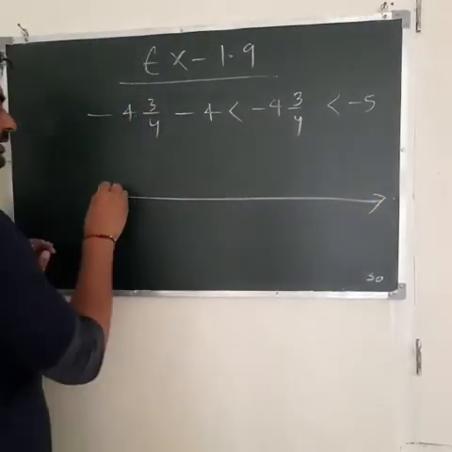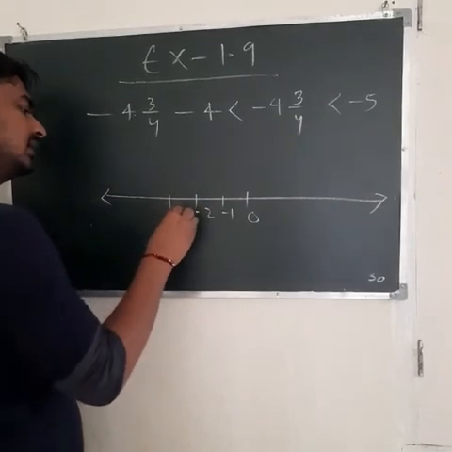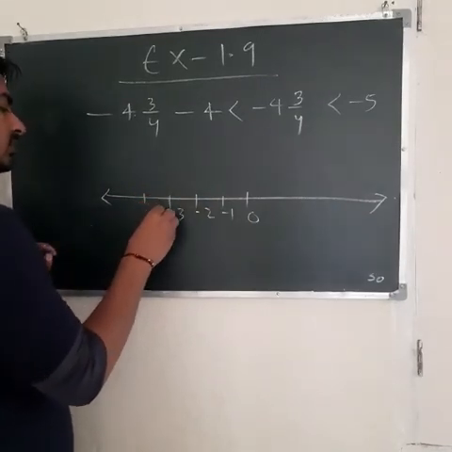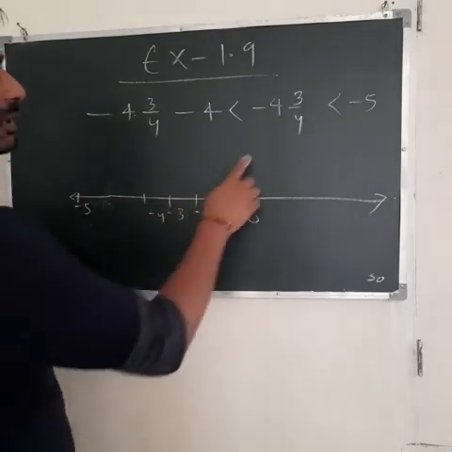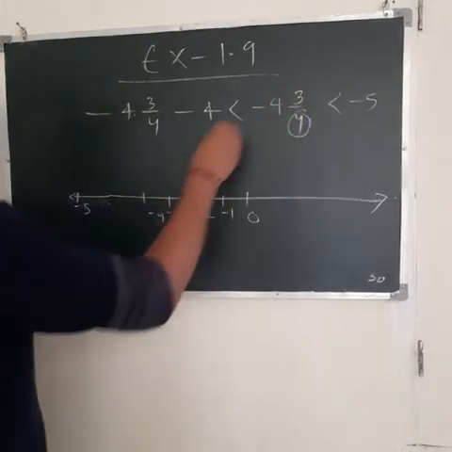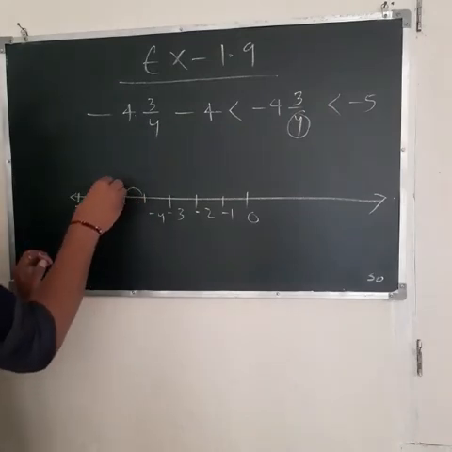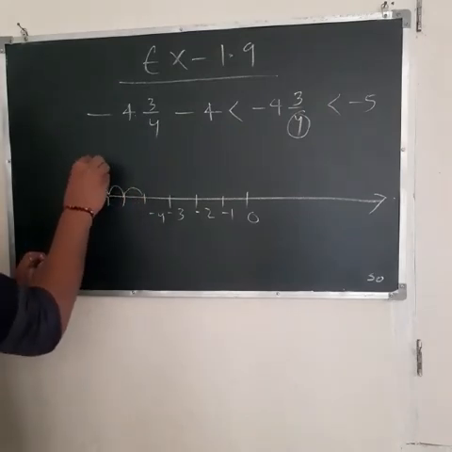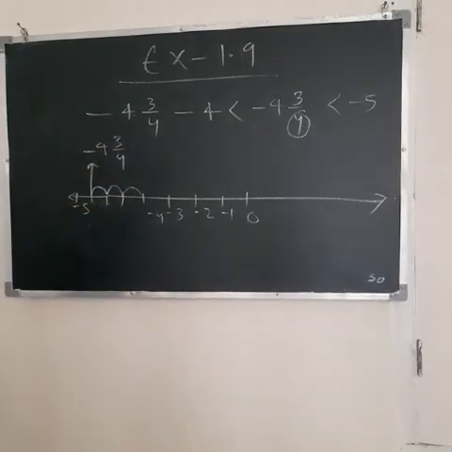Represent it on the number line: 0, minus 1, minus 2, minus 3, minus 4. In between minus 4 and minus 5 there are 4 parts: 1 part, 2 part, 3 part, 4 part. Here we represent minus 4 into 3 by 4 on a number line.